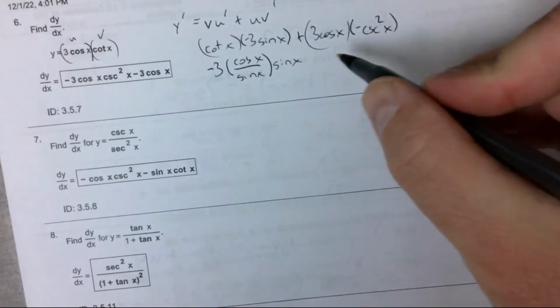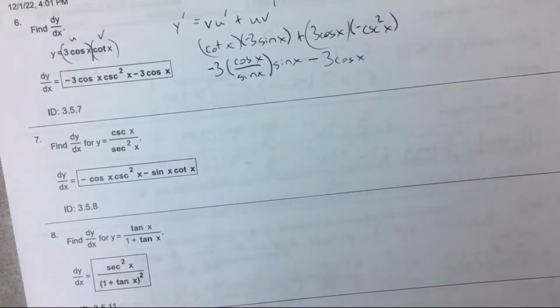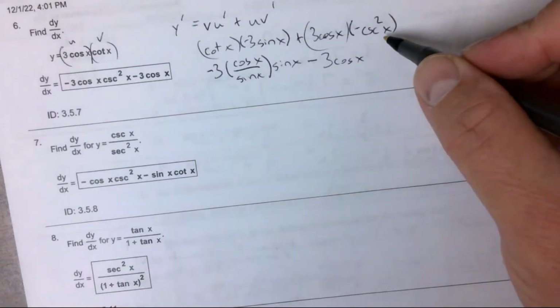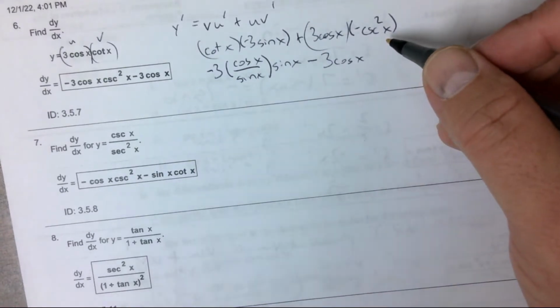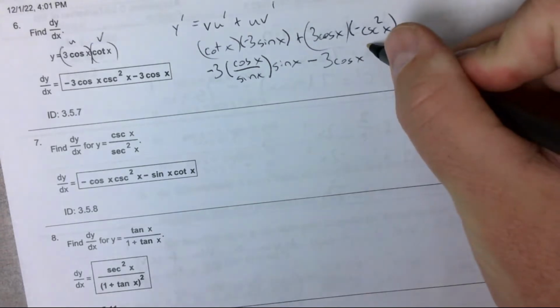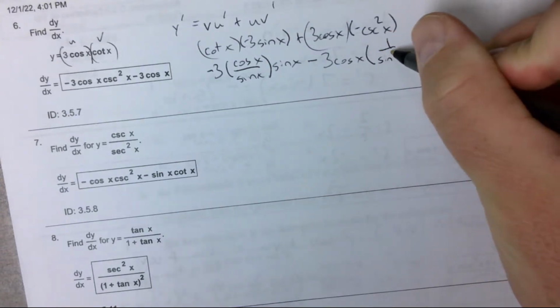And then we have minus 3 cosine x, and then cosecant is 1 over sine, squared x.